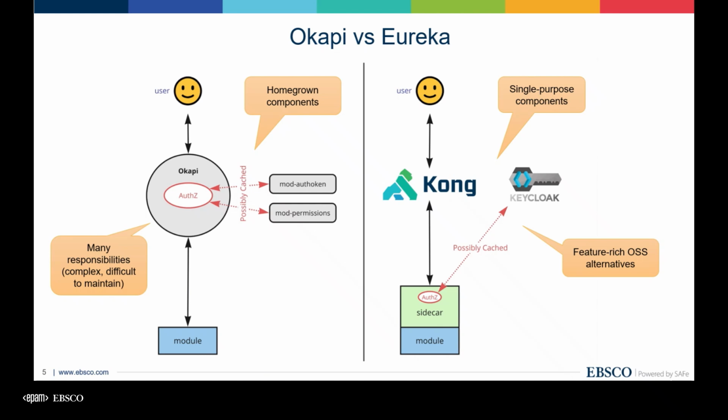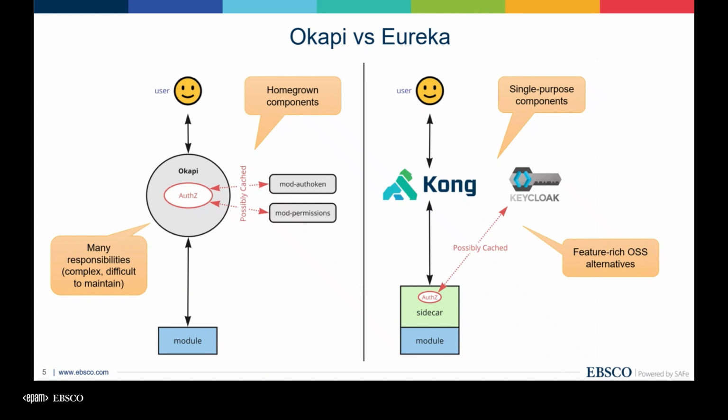We have Keycloak, which is not routing requests, it's not doing anything other than identity and access management. And so you can see these things are now single purpose. They're open source projects. They're really well trusted software projects. They're really active, with multiple releases coming out every year and so forth.